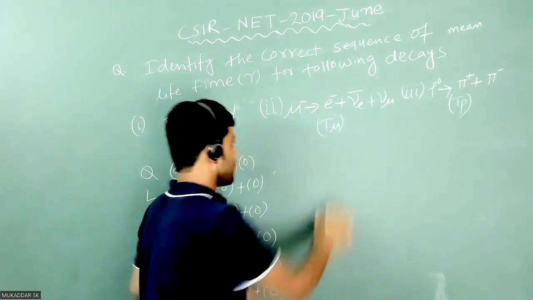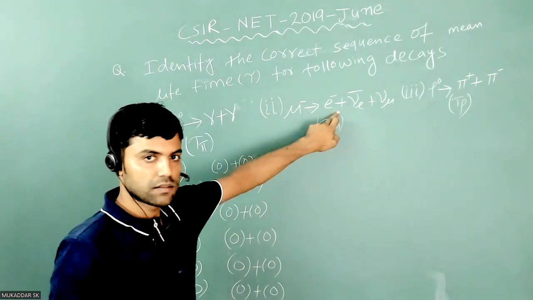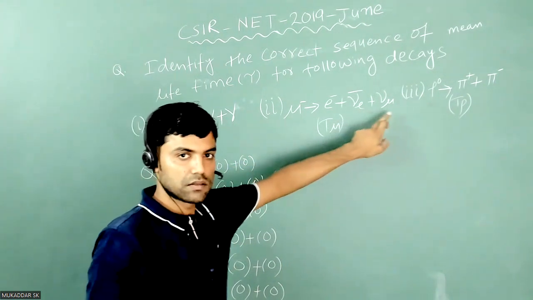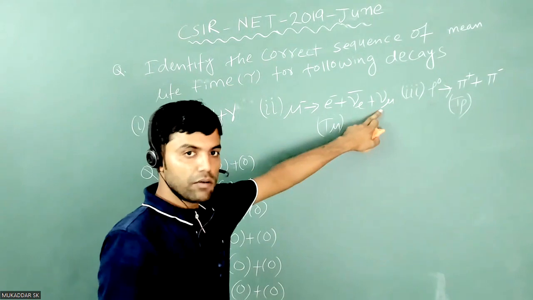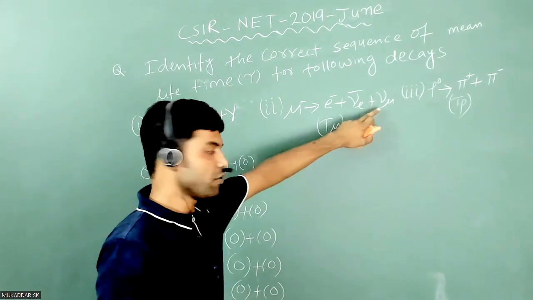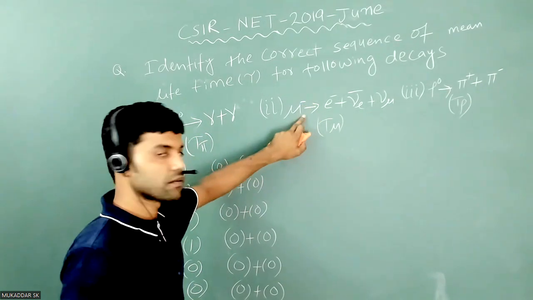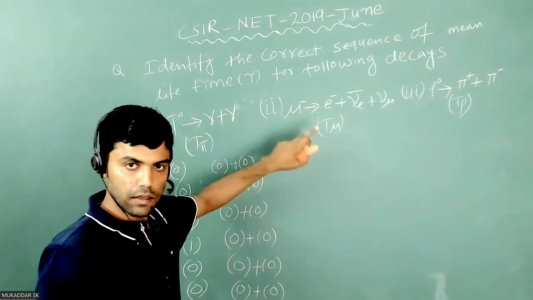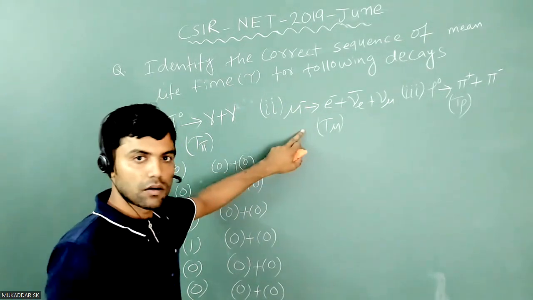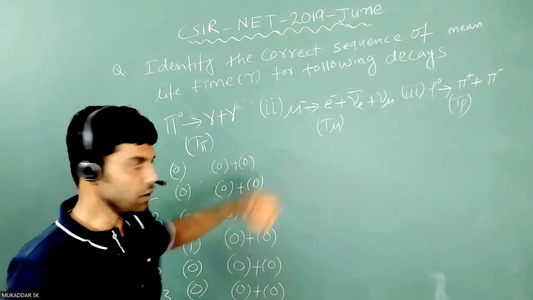Now we'll check decay 2, that is mu minus goes to e minus plus nu e bar plus nu mu. You see here neutrinos are involved in this decay. So this decay is only allowed through weak interaction if the associated conservation laws are satisfied. We'll check one by one.